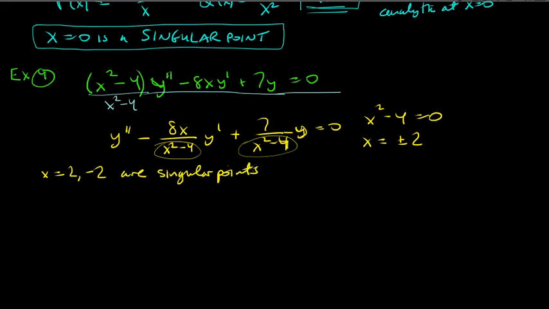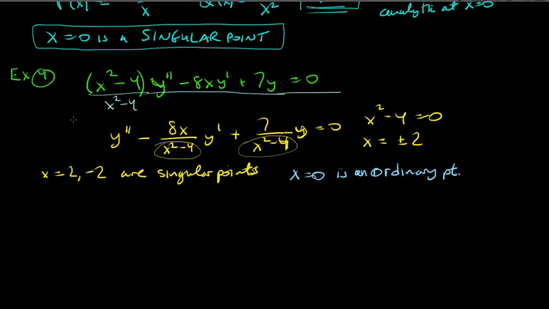But all other points are ordinary, including x equals 0. So specifically, x equals 0 is an ordinary point. But 2 and negative 2 are not. 2 and negative 2 are singular points.